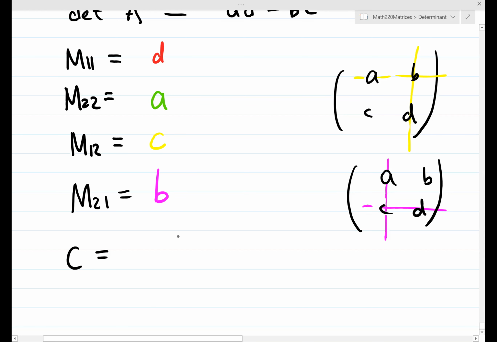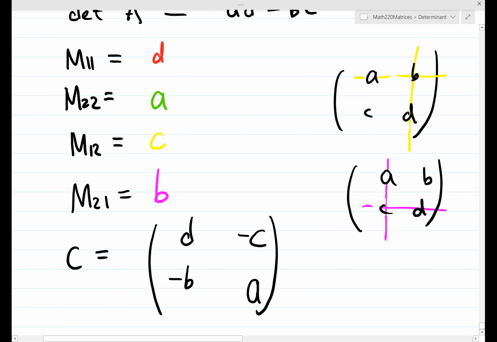For the first row, first column, we get row number plus column number 2, so this is actually positive D. For 2, 2 it's A, since 2 plus 2 is 4. 1, 2 and 2, 1 are 3, so it's actually negative. So here, C, negative B.